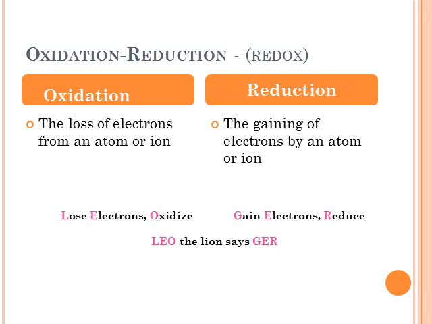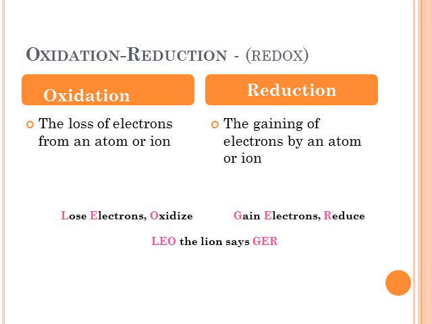And here's a little acronym for you, a memory mnemonic, to maybe help remember it. For loss of electrons, which means oxidation or being oxidized, we use the mnemonic LEO.